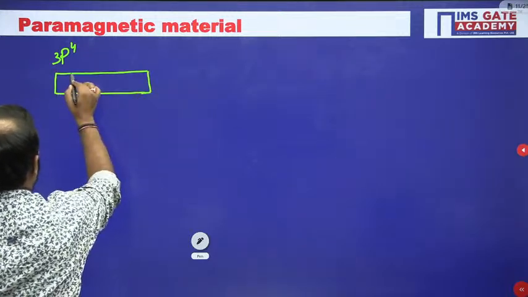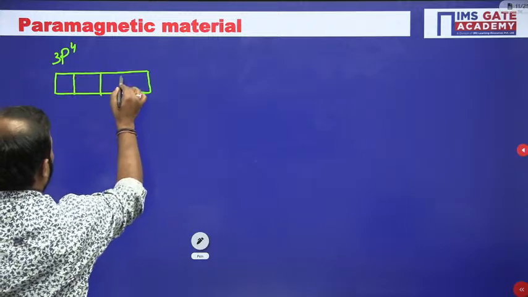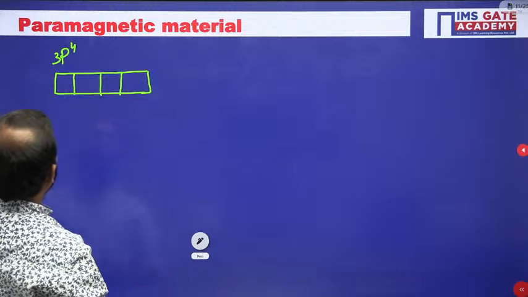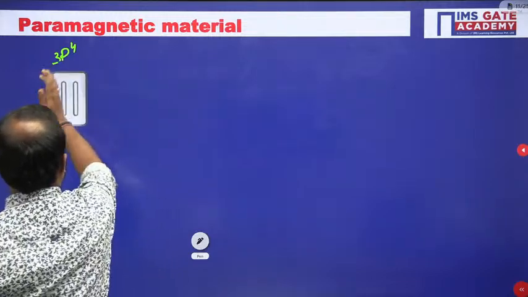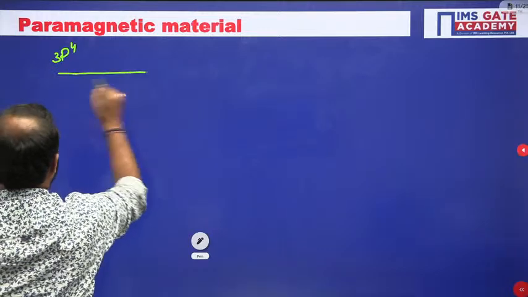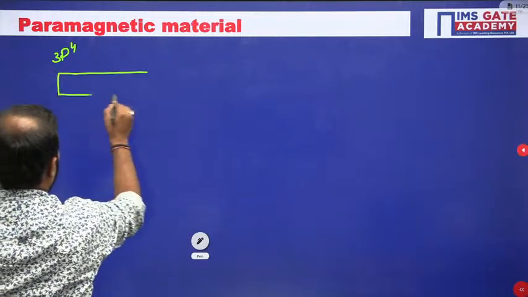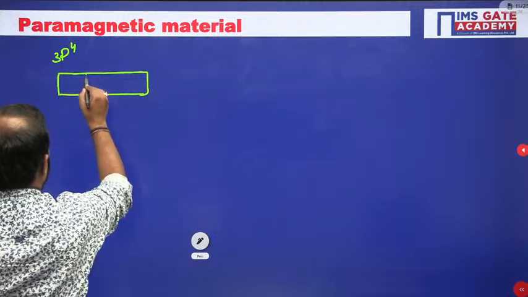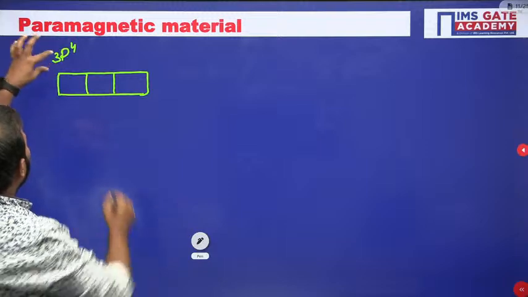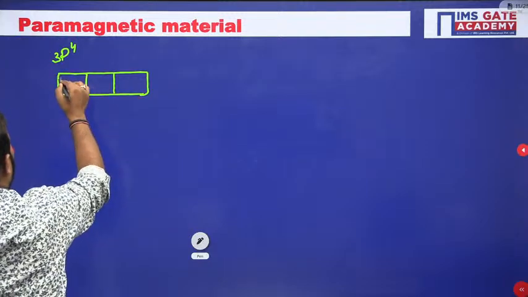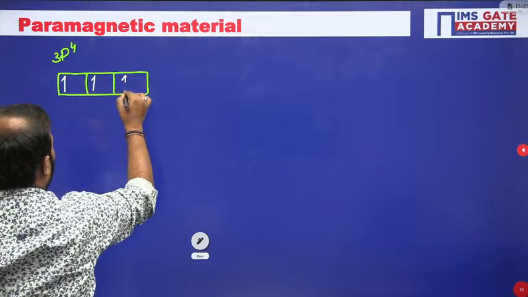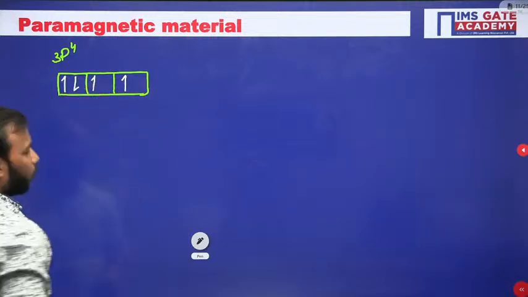Okay, so 1, 2 and 3. So we need to accommodate these 4 electrons in these cells. So how? 1, 2, 3 and 4. Done.